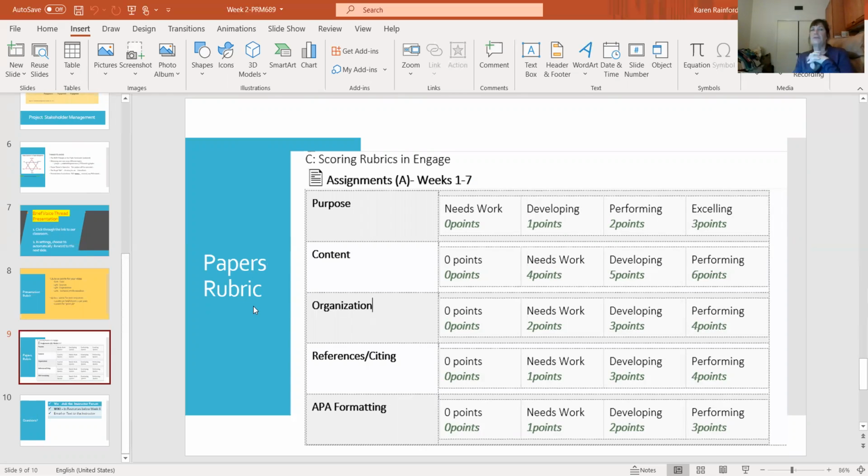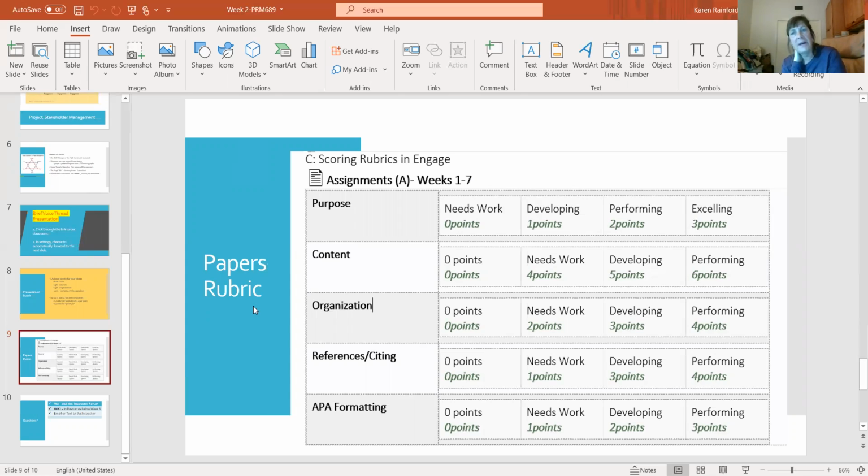So let's talk a little bit about the scoring for weeks 1 through 7. You're going to get information from me for feedback from week 1. And there's a very specific rubric and there's a lot of information behind each of these points. But I do evaluate each paper based on whether you're performing or excelling or developing in each of these 5 areas.